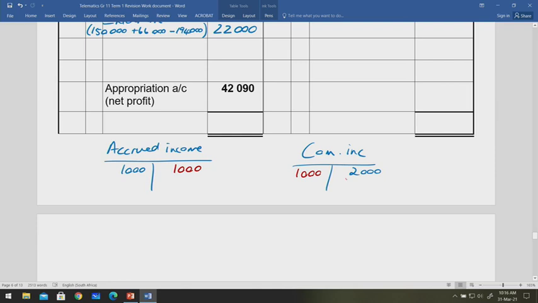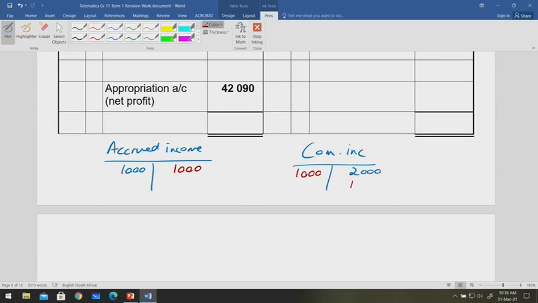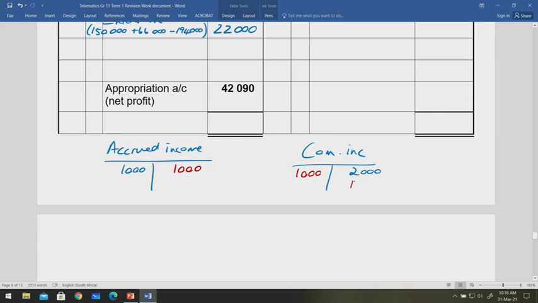And they said that commission for this year not yet received, so we debit accrued income and we credit commission income with that 1,200. That is actually the adjustment for this year. So that is not the reversal, but the adjustment 1,200.